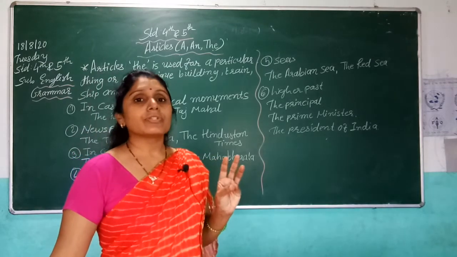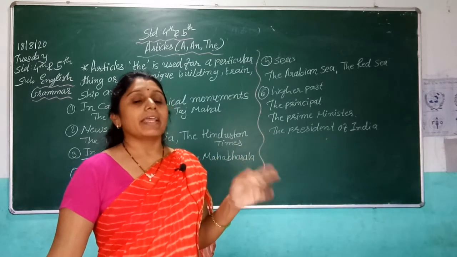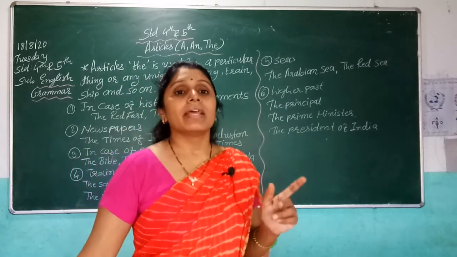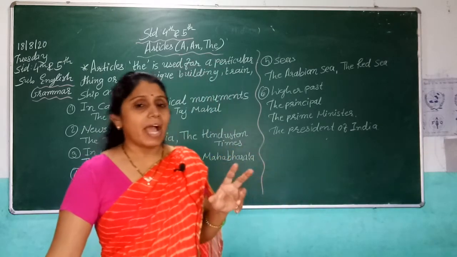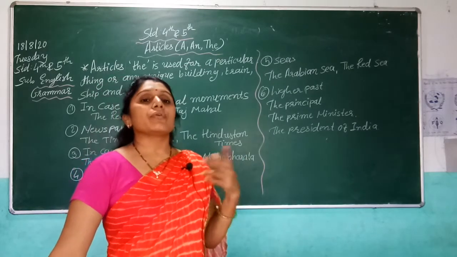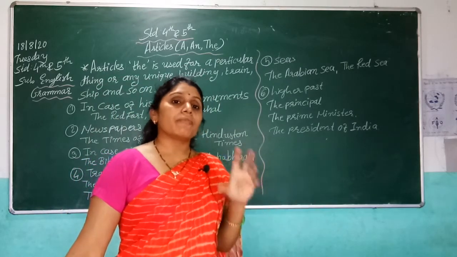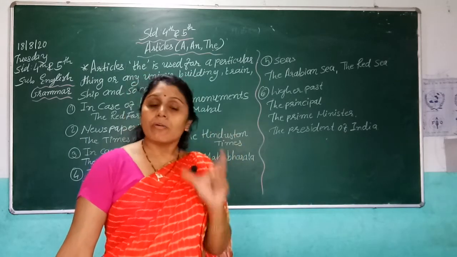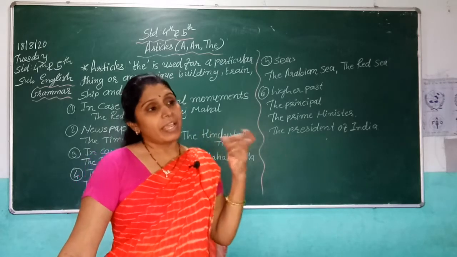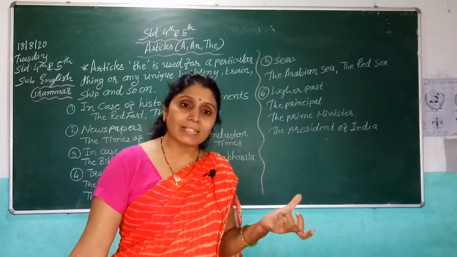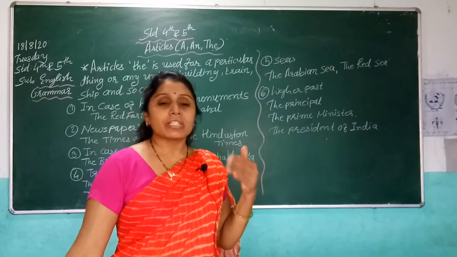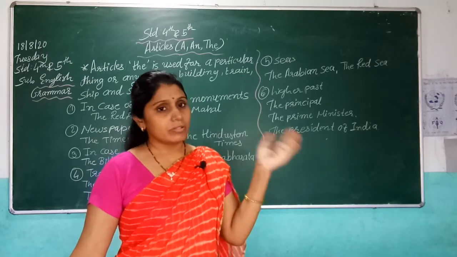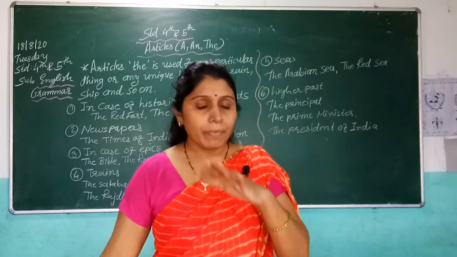Mostly they are used before nouns. We have 26 alphabets, and there are 5 vowels, A, E, I, O, U. We use an before vowels and a before consonants. If the pronunciation changes, then we can put the same articles there.